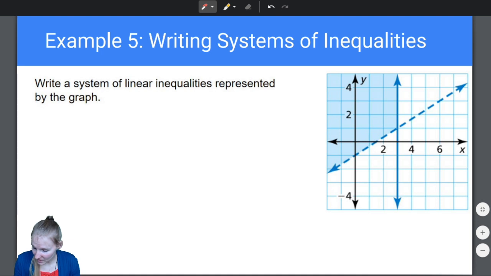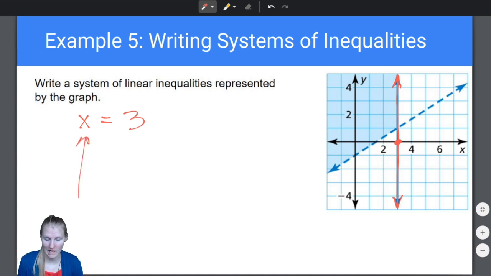All right, I'm going to take this solid line, and I'm going to change it to be red. So we can have this be our red inequality. Now, it crosses the x-axis at 3, so x equals 3 would be an equation of this vertical line.